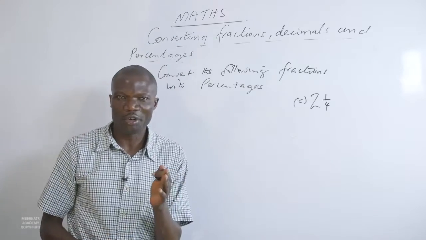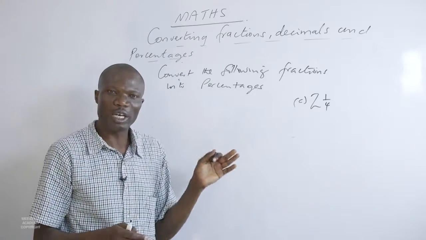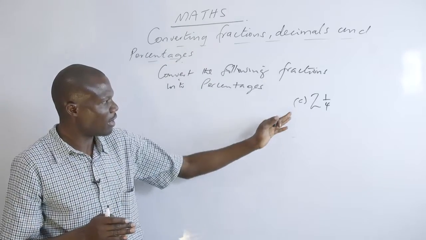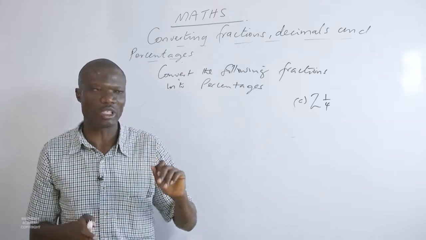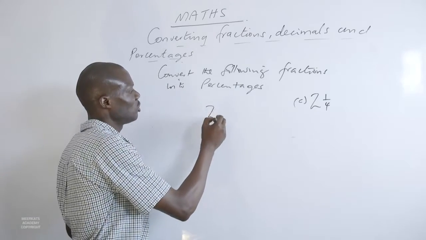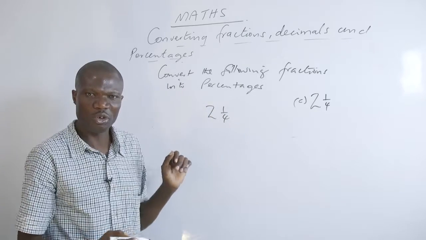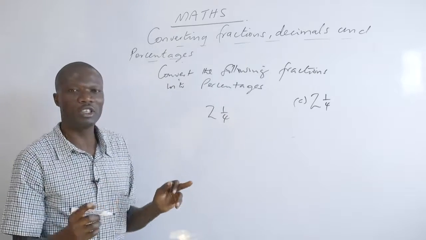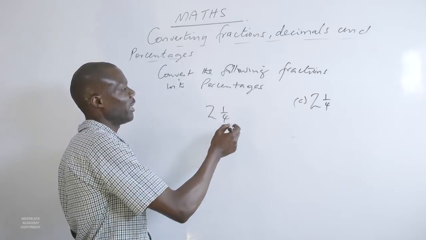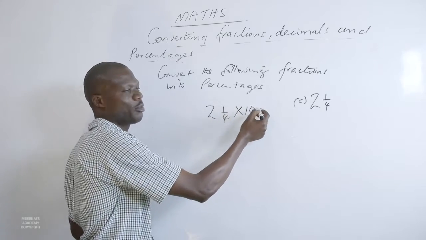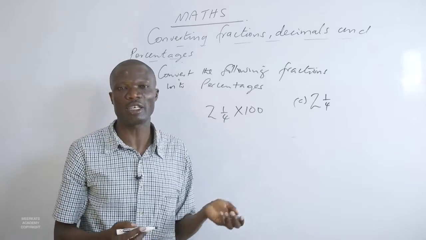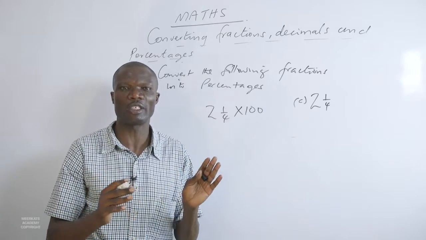Okay, let us now look at the fraction given in the form of a mixed numeral, where we have 2¼. Convert 2 and 1/4 into percentage. Don't take it easy and go ahead and multiply by 100. That will be wrong, because this is still given as a mixed numeral.